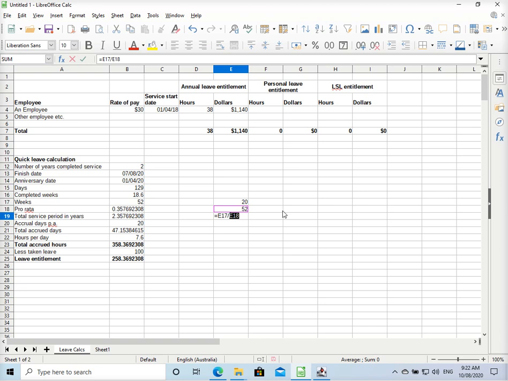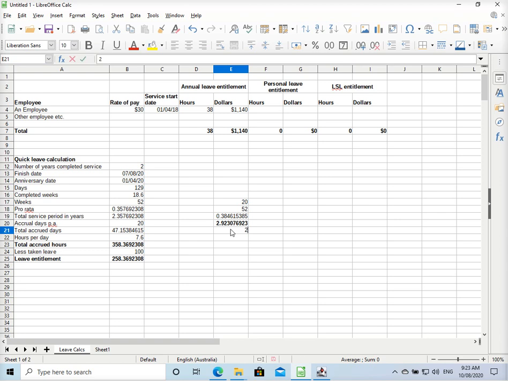You accrue that much of a day per week, which times 7.6 hours per day is this number, and that's the number of hours annual leave that a BASOF hosted file will by default accrue per week based on a 38-hour week.